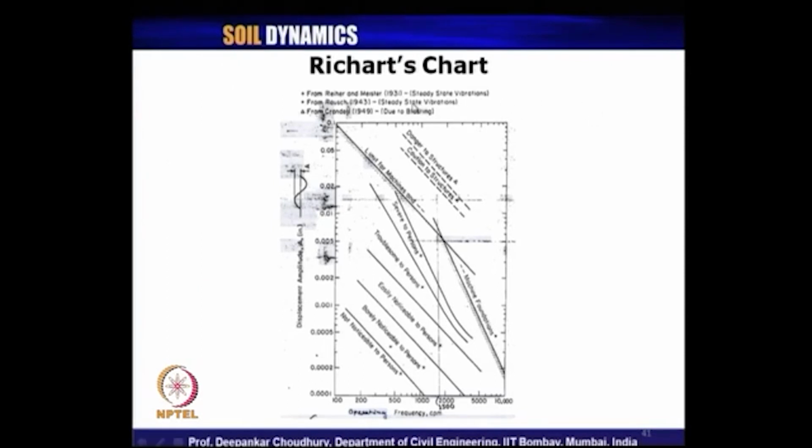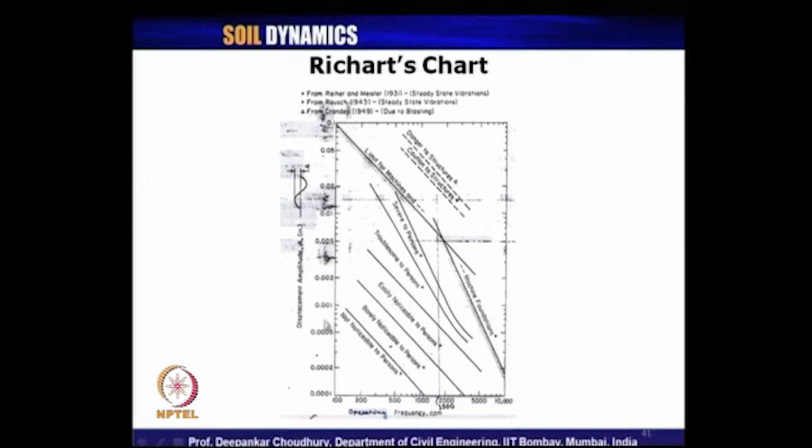If you look at the top of the chart, it is given from Reher and Meister in 1931, steady state vibration, from Rausch 1943, steady state vibrations, from Crandall 1949 due to blasting. So, after assembling all these effects, Richard divided the chart into different zones.